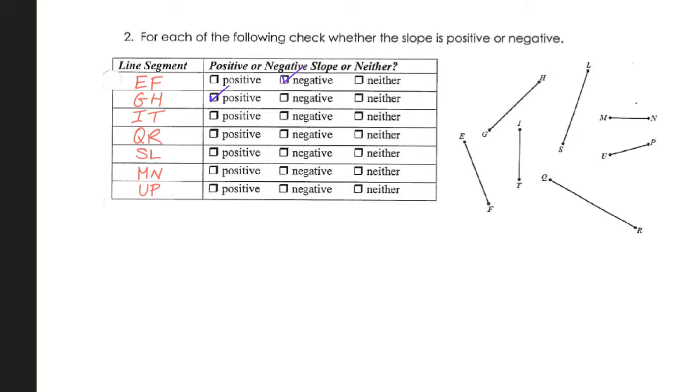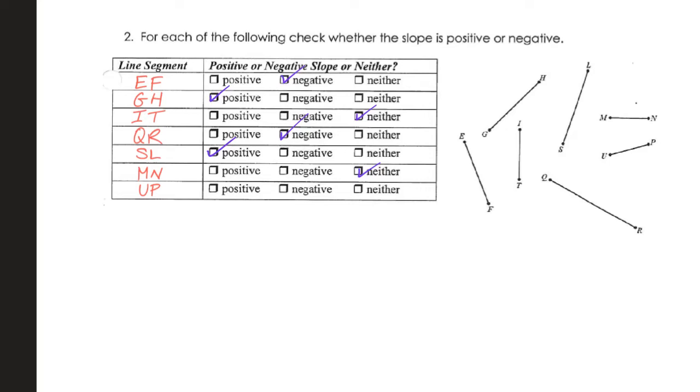Line segment IJ, well, that thing looks vertical, which means it is neither rising nor falling. Line segment QR is falling to the right, so a negative slope. Line segment ST is positive because it is rising to the right. Line segment MN looks pretty much horizontal, which means it is neither.